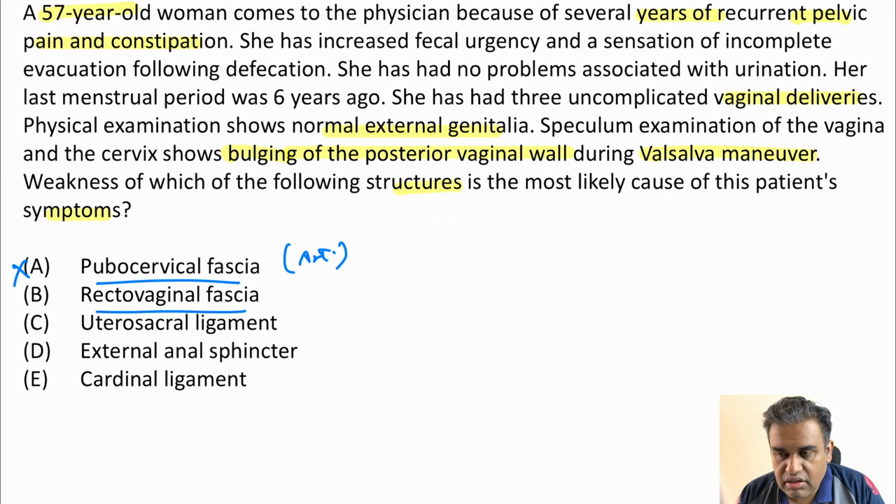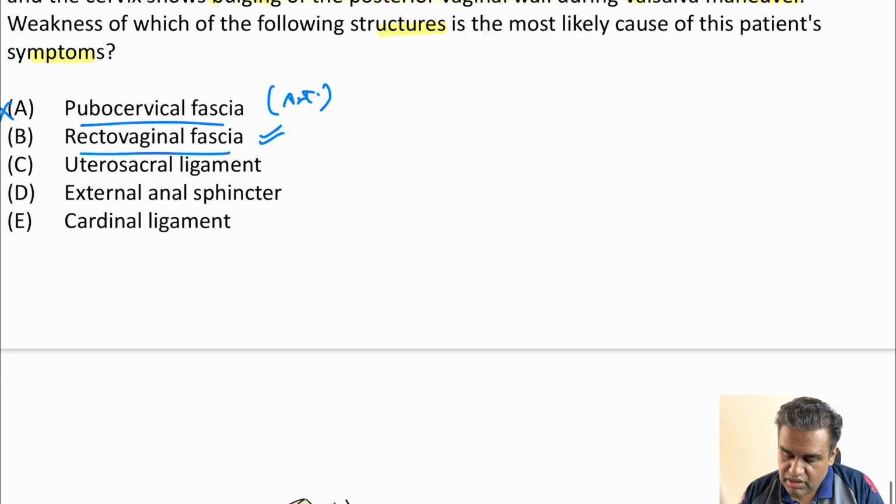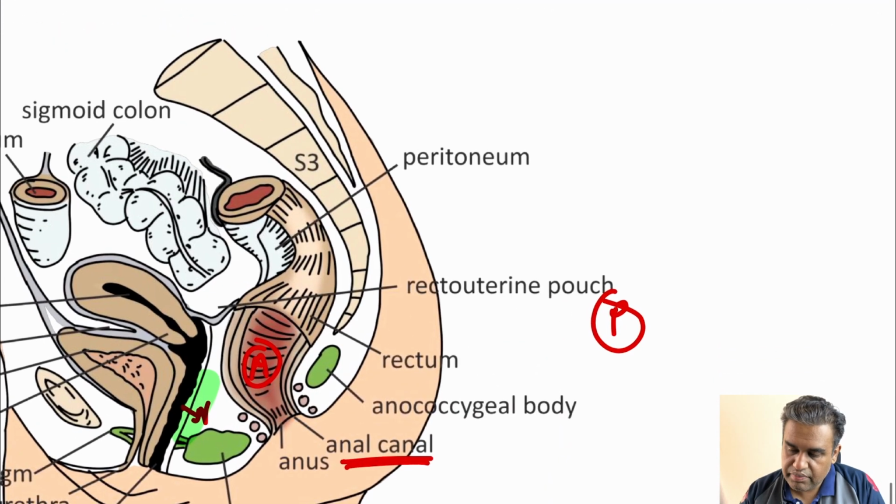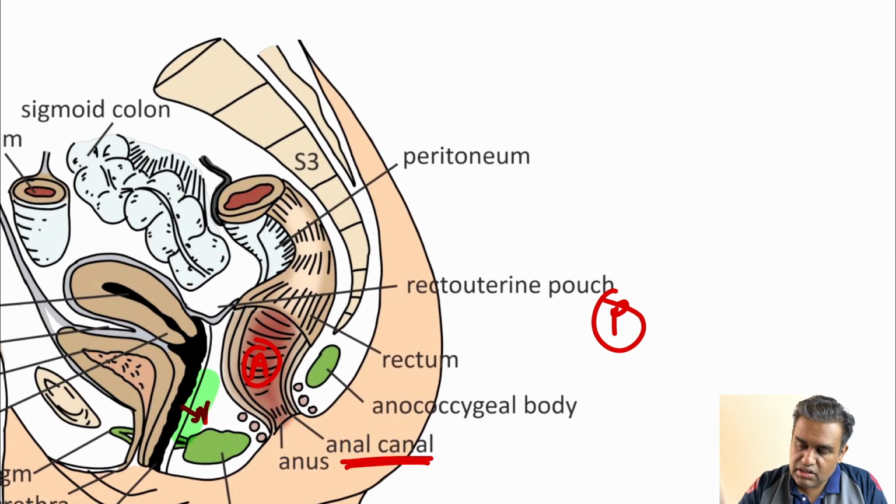Rectovaginal fascia. Now the rectovaginal fascia is exactly between the rectum and the vagina, so this could be a very good probability. What would be the position of the rectovaginal fascia? It will be over here. This will be the location of the rectovaginal fascia. Here we are seeing the protrusion of the posterior vaginal wall, and that could also lead to bulging or herniation of the rectum.